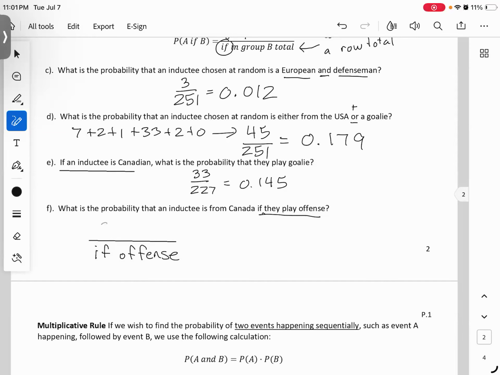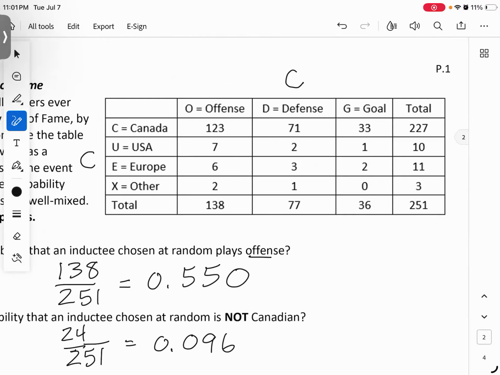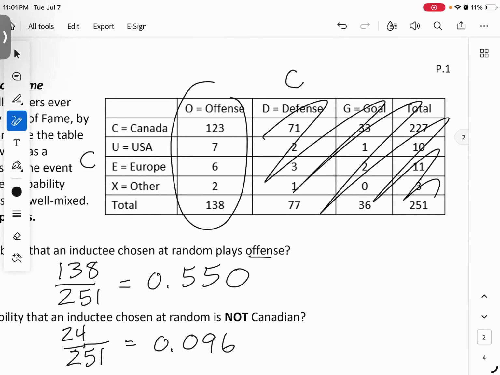And then once we do have that column, we're going to get those that are Canadian. So watch, let's go up there and let's find the offense. Yeah, so that very last question that we're doing here doesn't want you to look at anything else. It just wants you to look at, of those that play offense, how many happen to be Canadian?